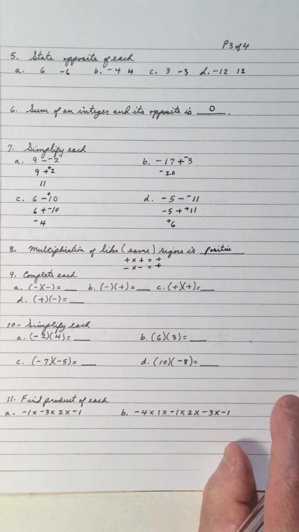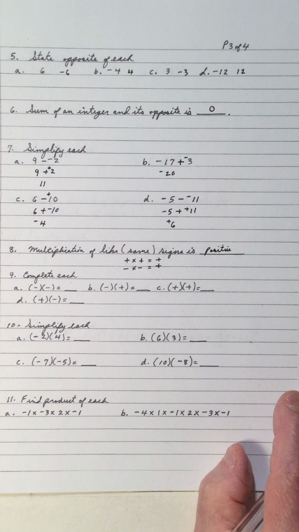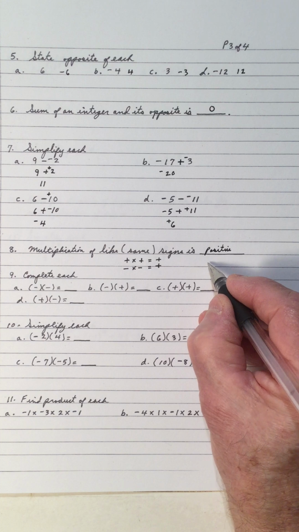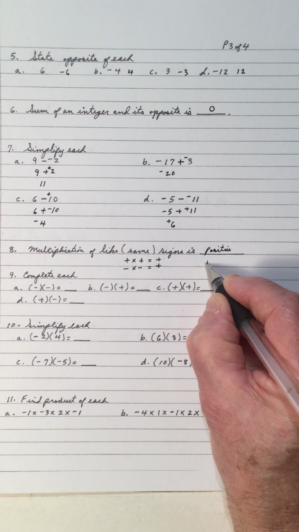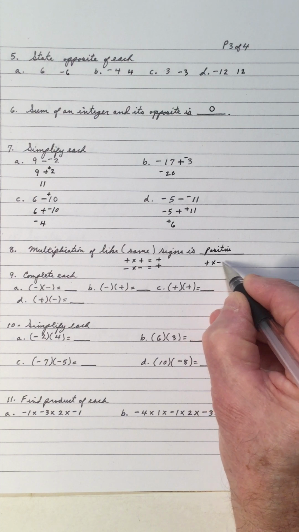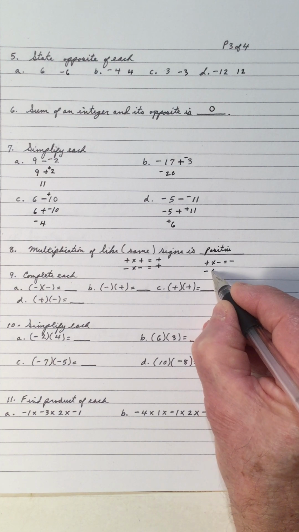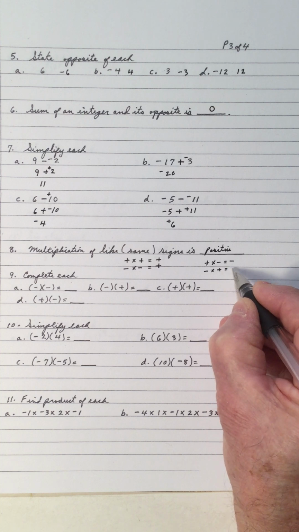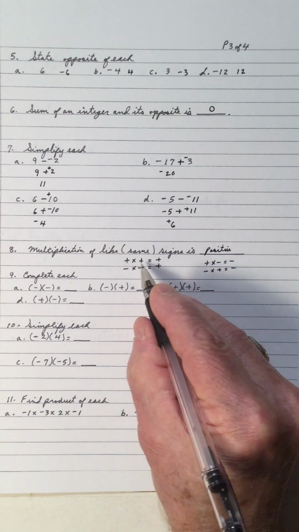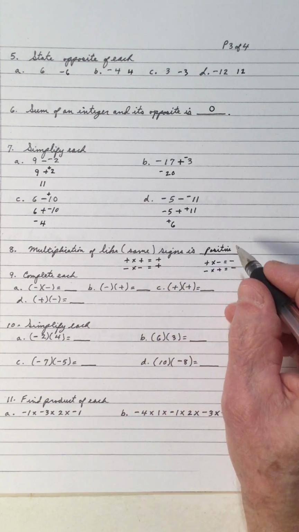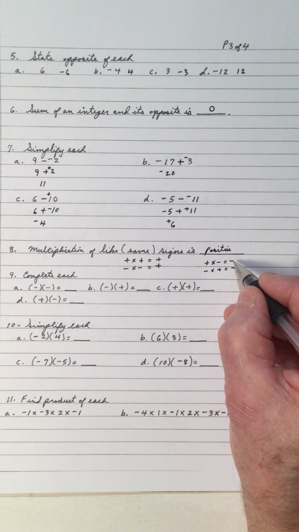So when you multiply like signs, you get a positive. When you multiply unlike signs, if you multiply a positive times a negative, you'll get a negative. When you multiply a negative times a positive, you'll get a negative. So the multiplication of like signs is positive. The multiplication of unlike signs is negative.